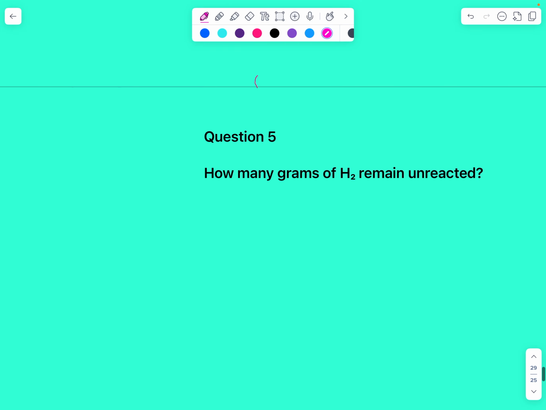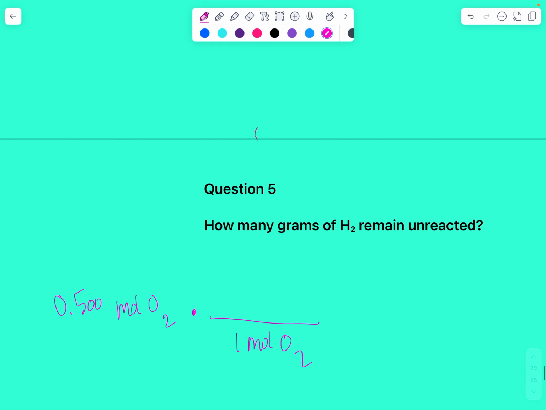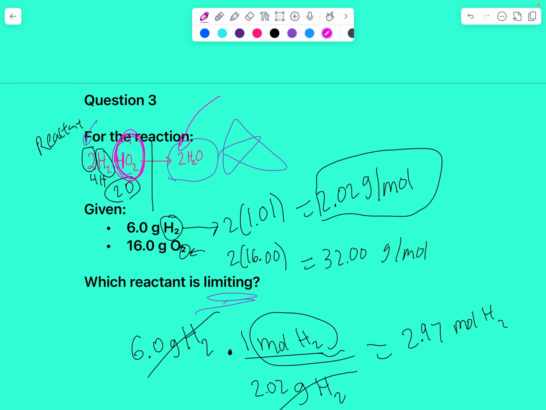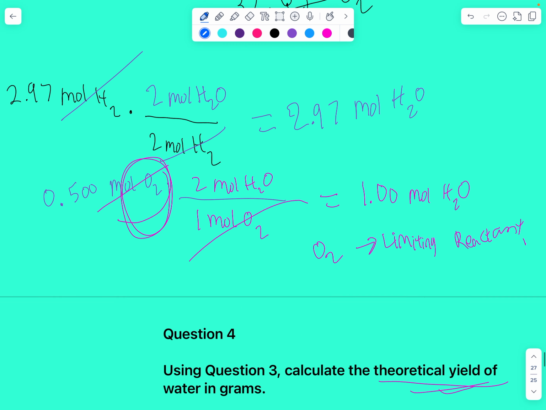How many grams of H2 remain unreacted? So we're going to use the moles of H2 used. So we had 0.500 moles of O2. And if I look back at the problem, now I'll scroll up for you guys, you had 1 mole of O2 for every 2 waters and 2 H2s, right?